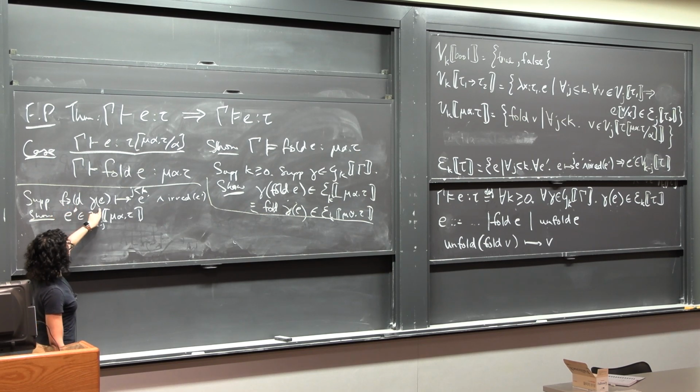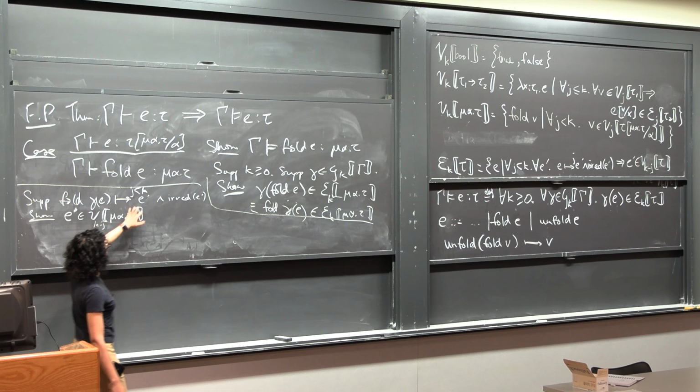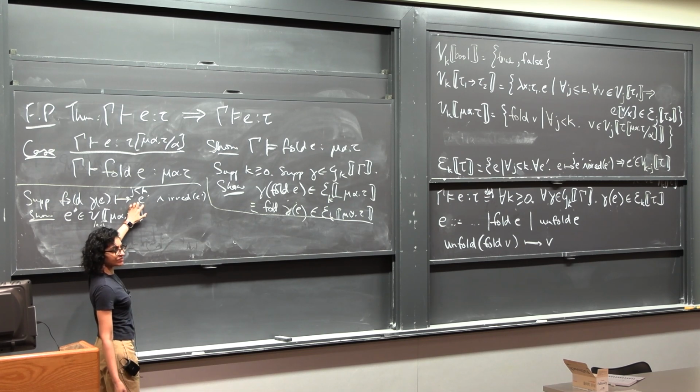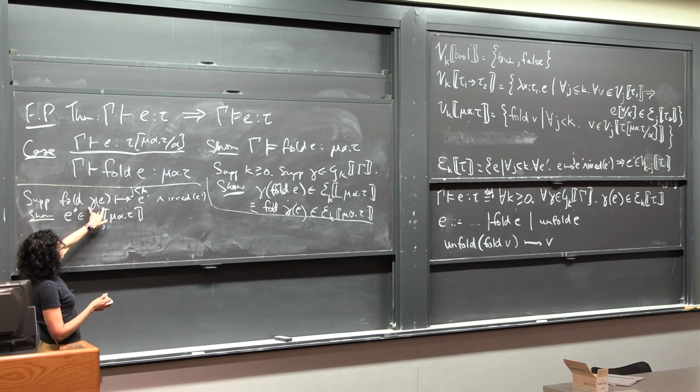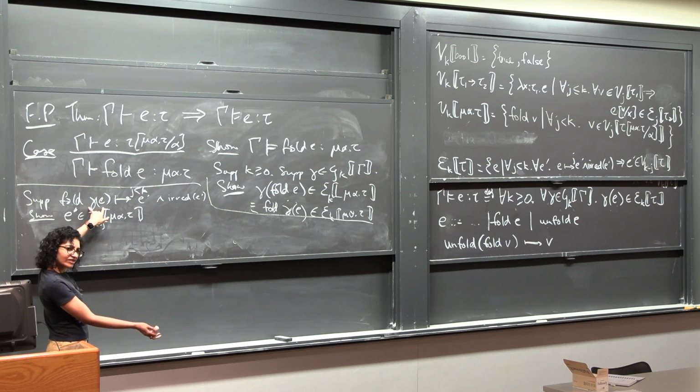So if fold gamma E, where this is an expression, reduces to something that can't take any more steps, then that means, since it's a deterministic semantics, that this gamma E must have reduced to some value before that. It must have happened.